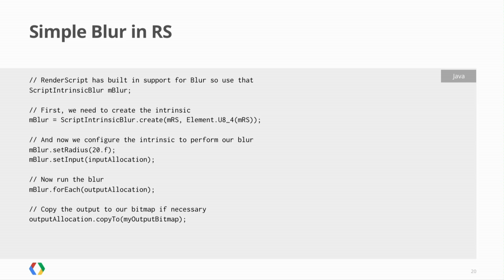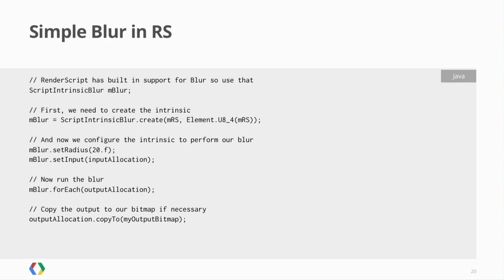And now we'll take that script that we loaded and we'll configure it to perform our blur. Now I'm going to first set a radius. In this case, we're going to set it to a nice large radius, 20 pixels. So it's going to be a big blur operation. And we'll set on that script the input allocation we created in the previous slide that'll act as our input. And for the blur, we're going to run it. We're just going to call the for each.